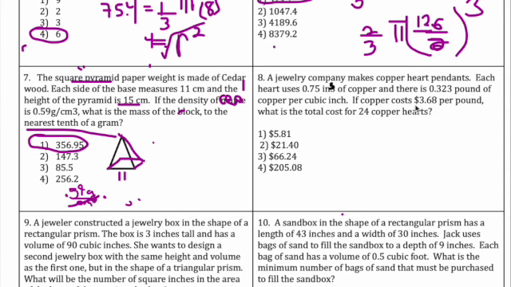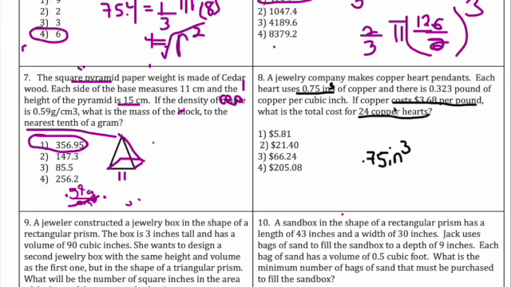If copper costs $3.68 per pound, what is the total cost of 24 copper hearts? So we want 24 copper hearts, and this is the cost per pound. Each heart has a volume, because it's 0.75 inches cubed. That's how I know it's volume.